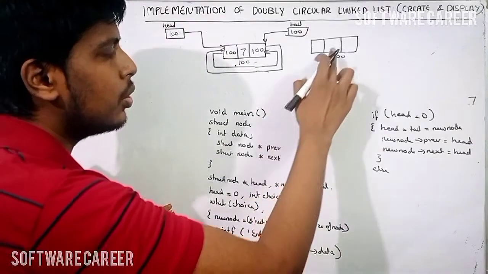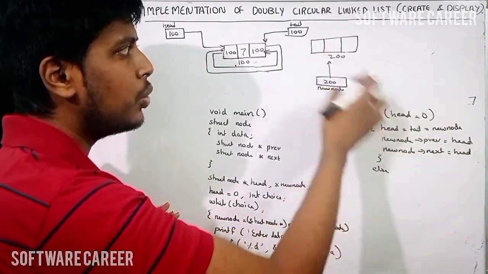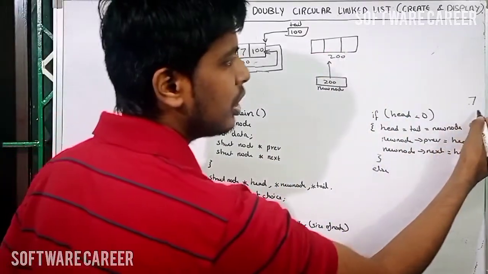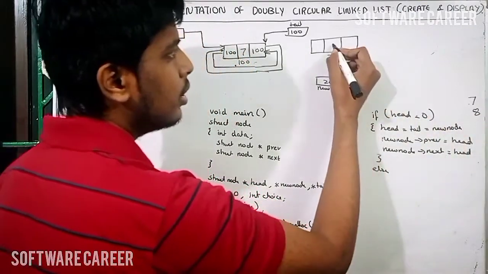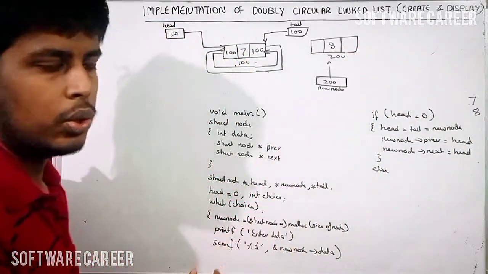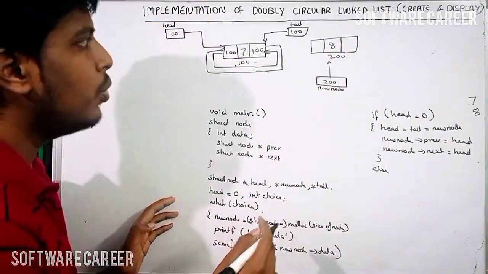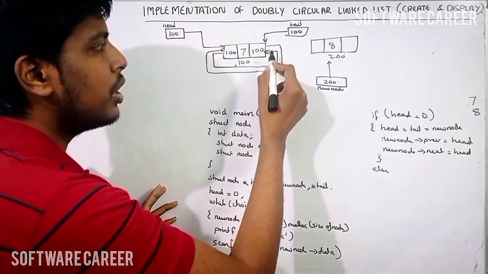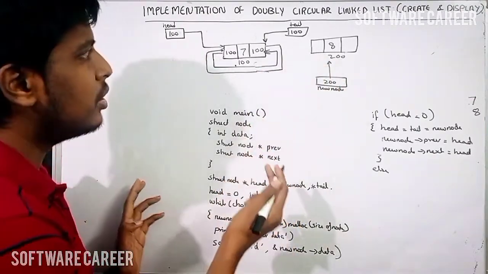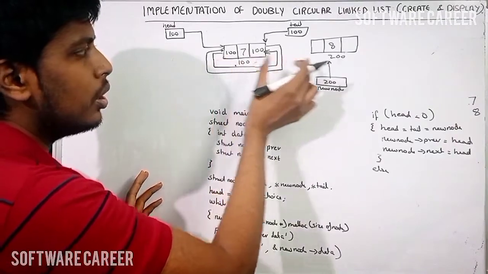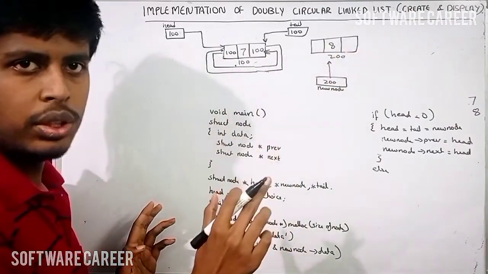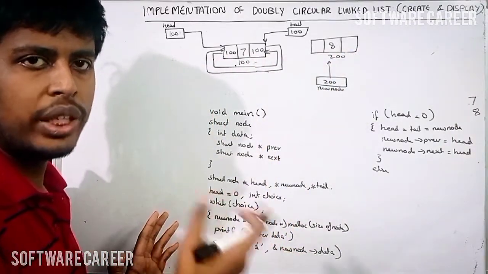Now let this program ask the user to enter data. Let's say suppose 8. Then 8 is entered into this node. Now what to do? Now I should create a forward link. That means, considering the previous node, I should fix this as the second node. How can I fix it?